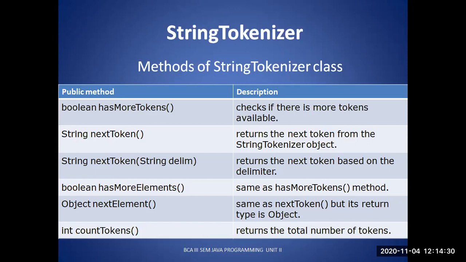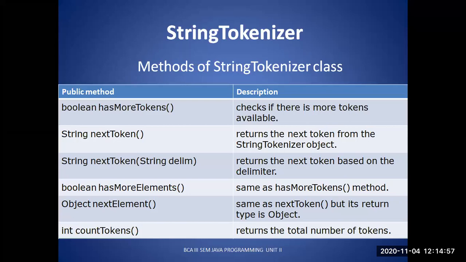And the third method is nextToken, which accepts a delimiter and returns the next token based on that delimiter.